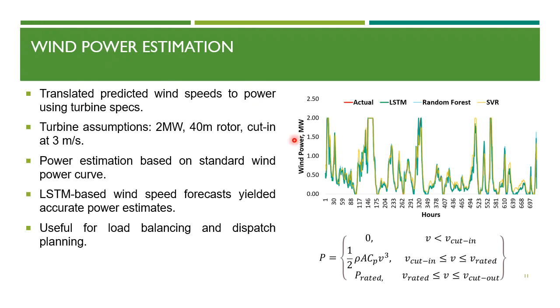So wind speed predictions are only useful if they can be turned into power estimates. Predicting the wind speed is necessary, but it can only translate into useful data to us when we are able to convert this forecasted wind speed into wind power.